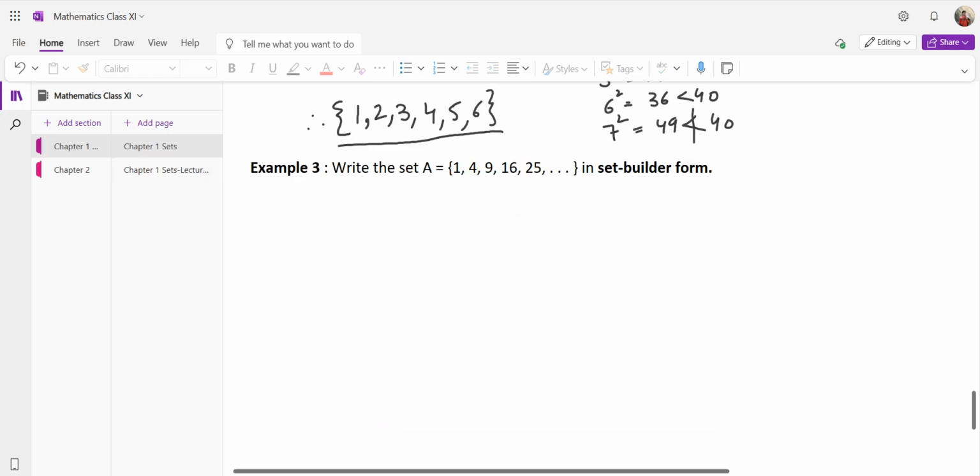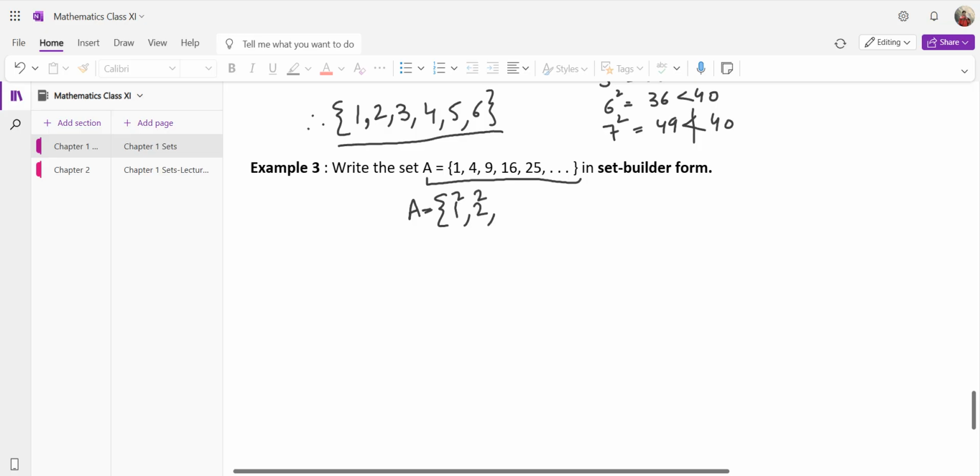Another problem: write the set A. The given set is in roster form, and we have to write it in set builder form. Firstly, let's check the property of this set. If you look at the first element, we can represent it as 1 square. Another element is 2 square.